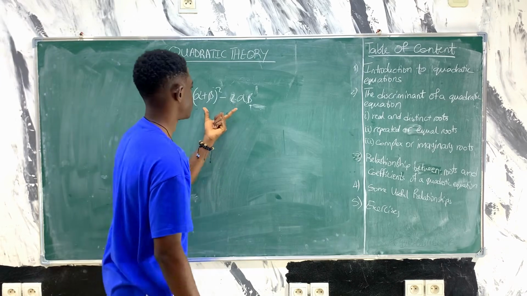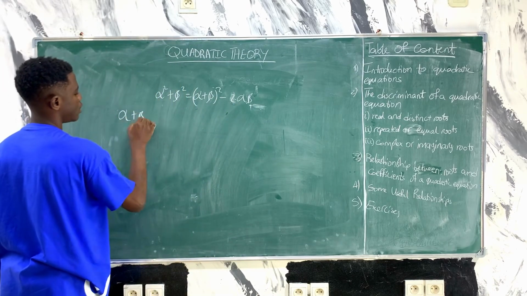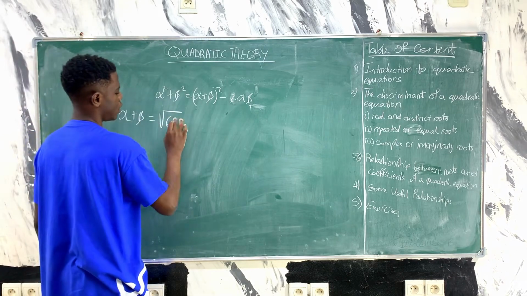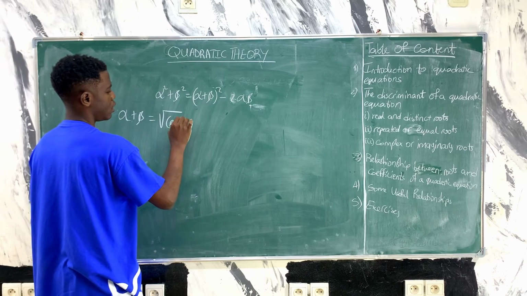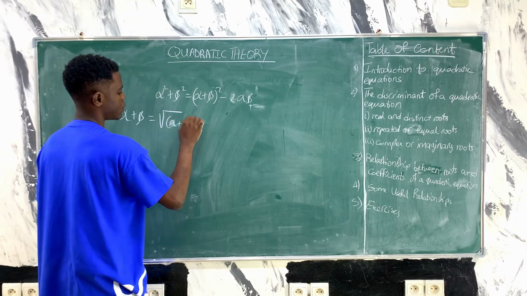Yeah, you also have to know this. When you have alpha plus beta, it's the same as the square root of alpha plus beta all squared.